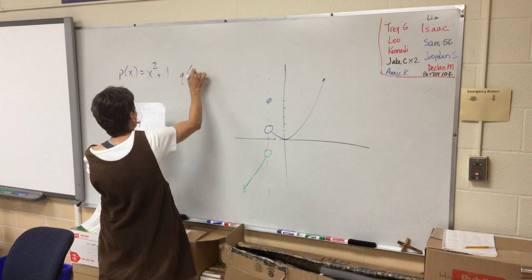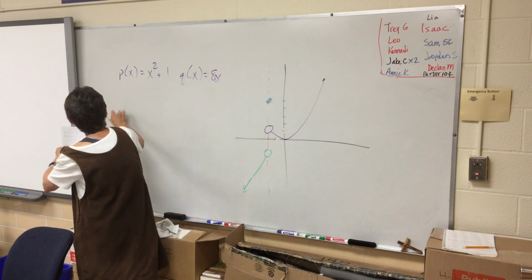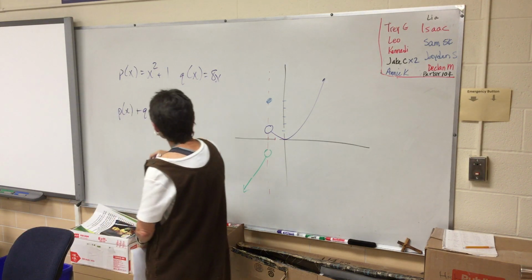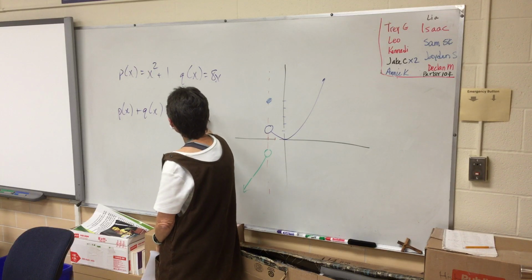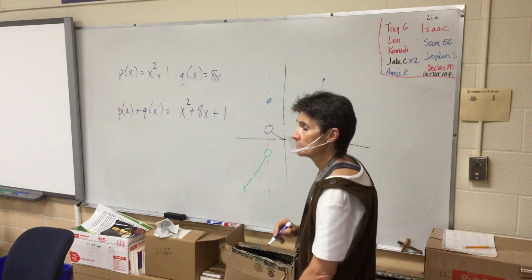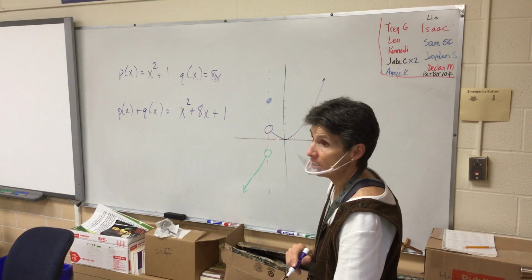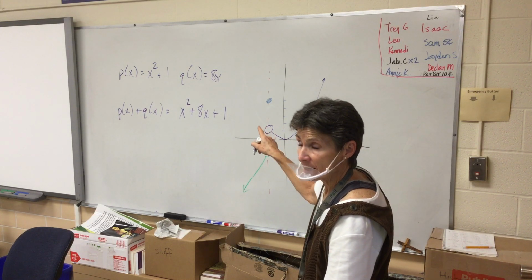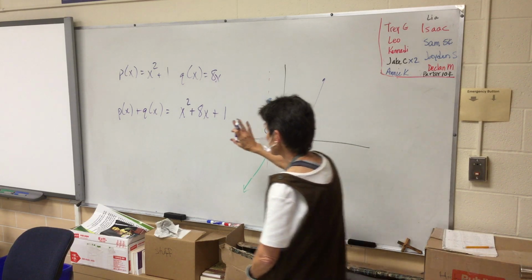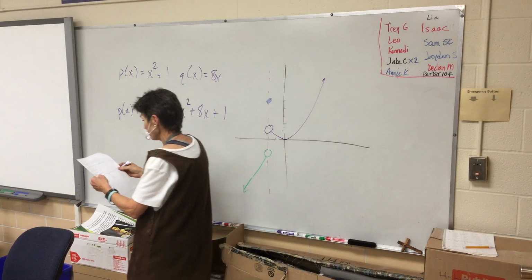Here's P, here's Q. What does this mean? Add them. So wouldn't that be x squared plus 8x plus 1 if I put it in descending order? That's all. Don't solve that. Don't do the quadratic formula or something. No, no, no, no. This is it. You're just adding them together.